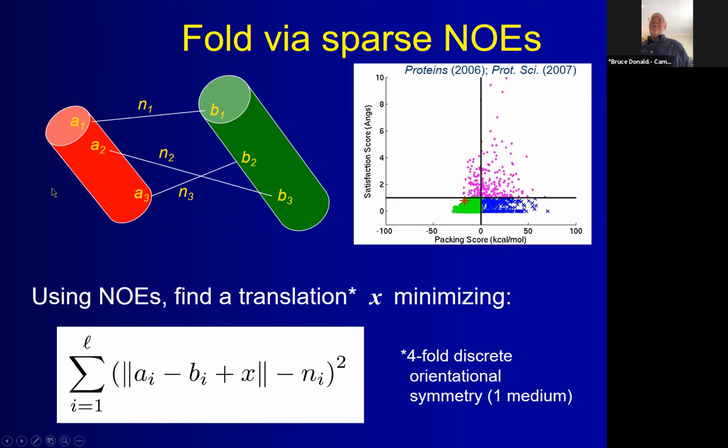One thing that's a little curious about this is that because of the symmetry of the dipolar operator, you actually have ambiguity, although it's discrete ambiguity, in the orientation of these secondary structure elements. It depends on what experiments you do and what media, but if you have only one medium, say you looked at CH and NH in one medium, then this helix has two different orientational possibilities, so there are four ways to put these things together.